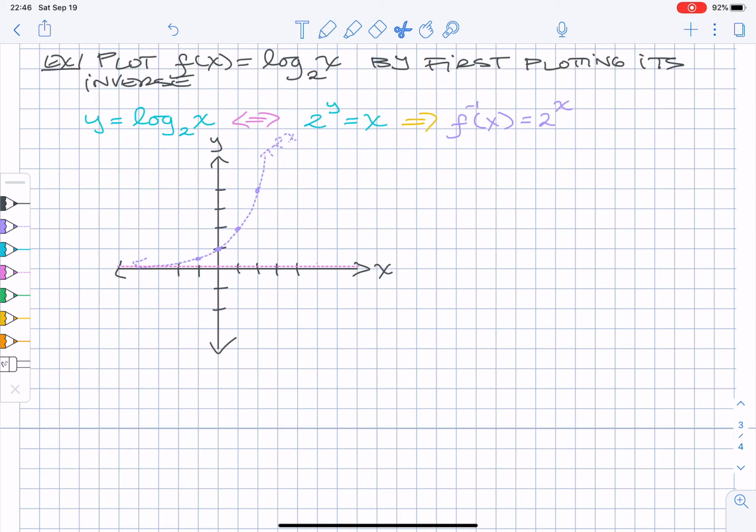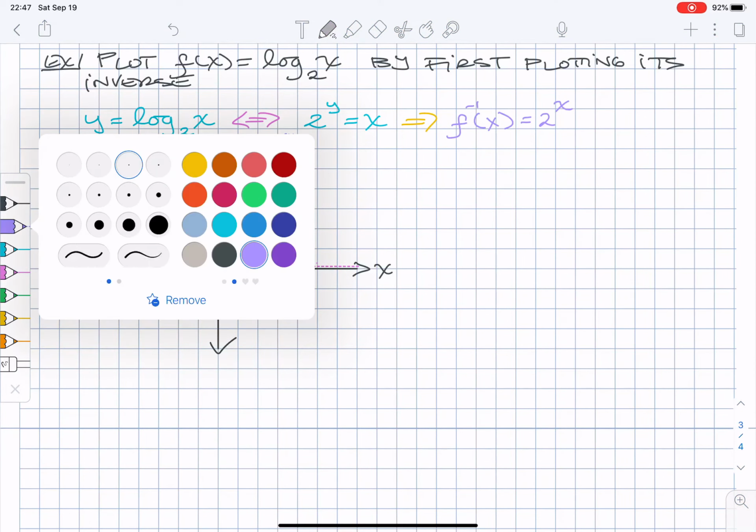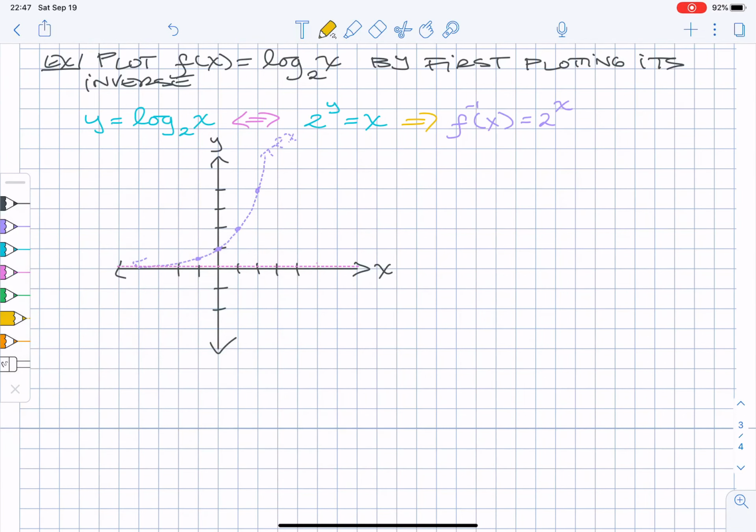Okay, so now what I want to do is reflect this graph about the line, pardon me, y is equal to x. So that's the main diagonal. And I can use the purple guy and reflect. So instead of going to the left 1 and up 1/2, I go to the right 1/2 and down 1.